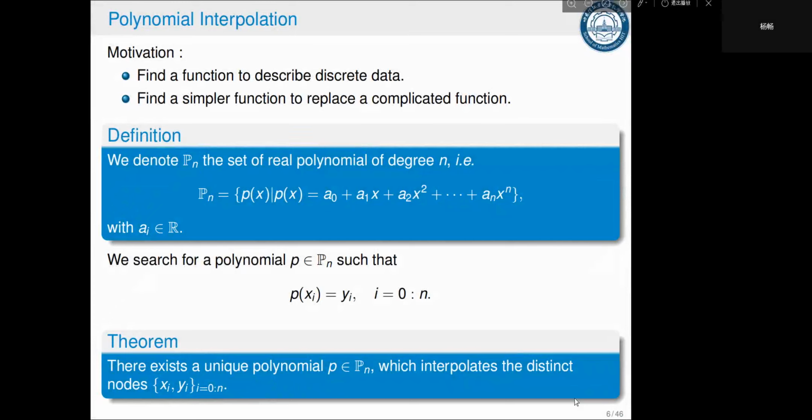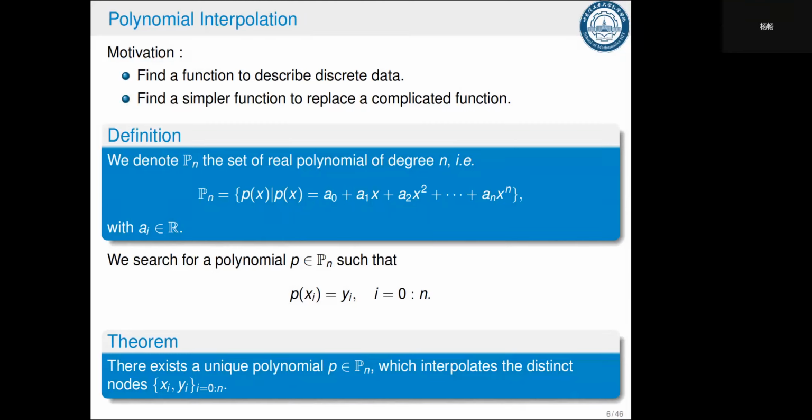Okay, everyone, let's continue. We have just seen the motivation of the polynomial interpolation, or more precisely, the motivation of interpolation. In this part, we will focus only on the case of polynomials, since a polynomial is the simplest function we have to describe some data.